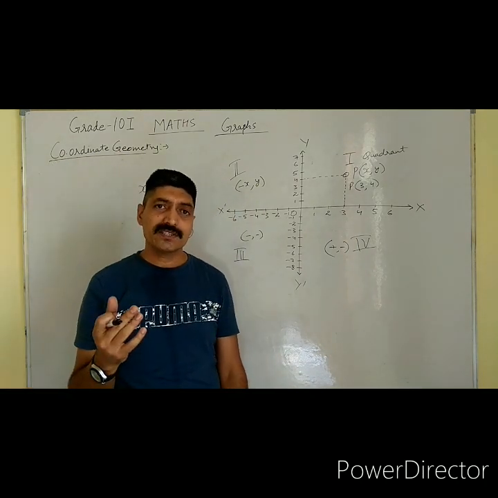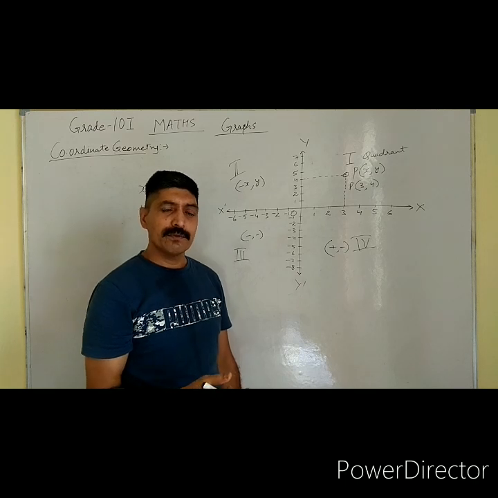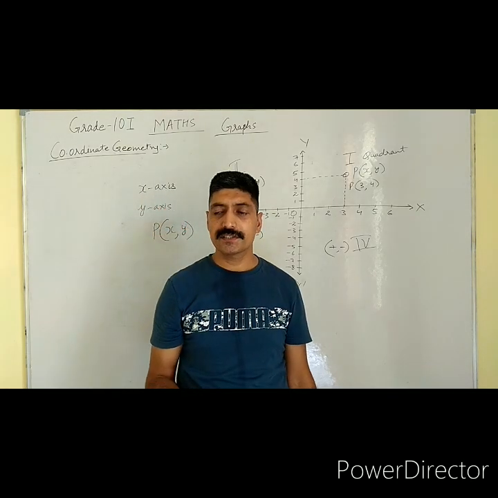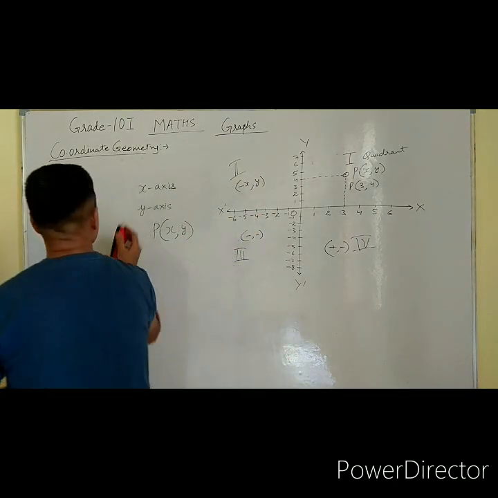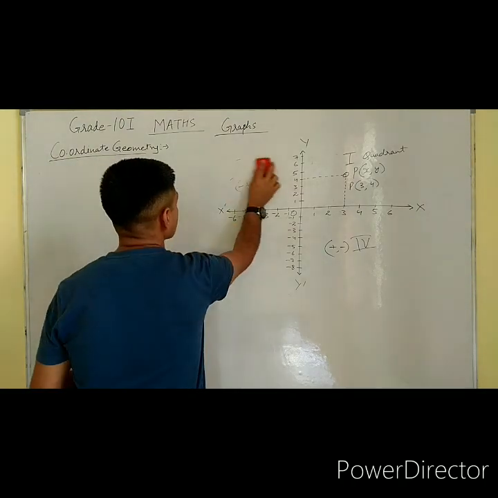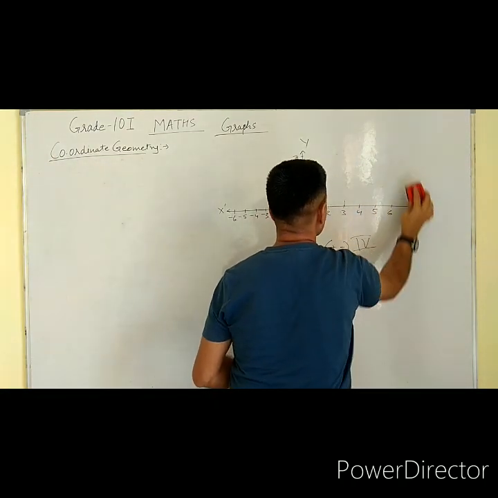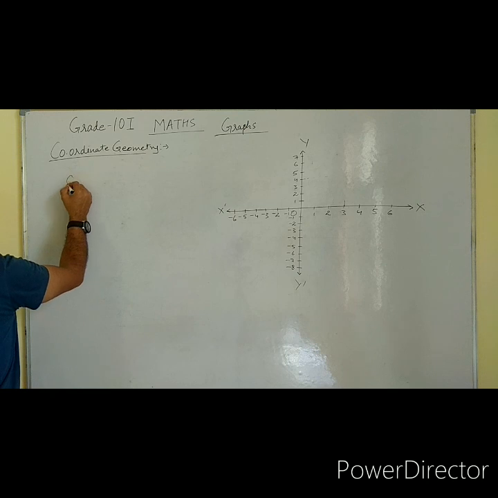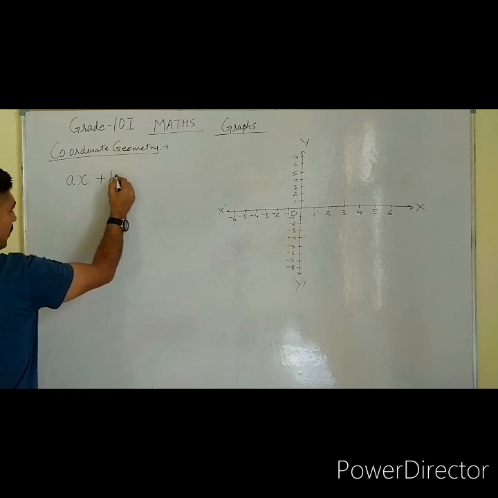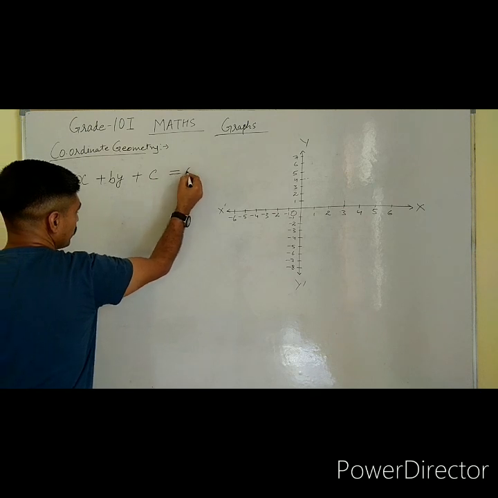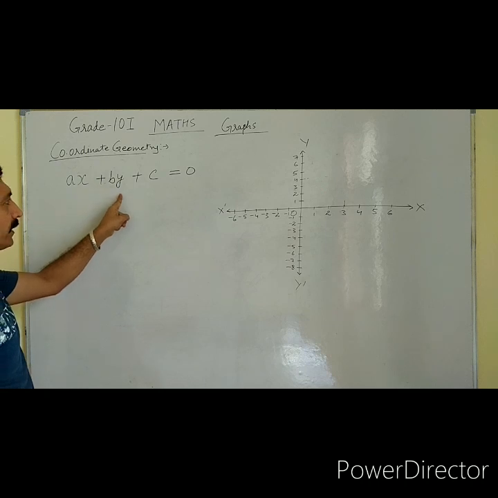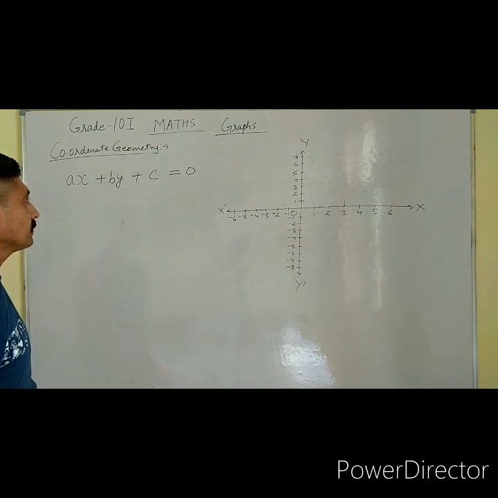Now in a straight line graph, before that we need to understand what is the linear equation in two variables. So linear equation in two variables, we have an equation here, ax plus by plus c is equal to 0. So here variables are x and y, and a, b and c are the coefficients.